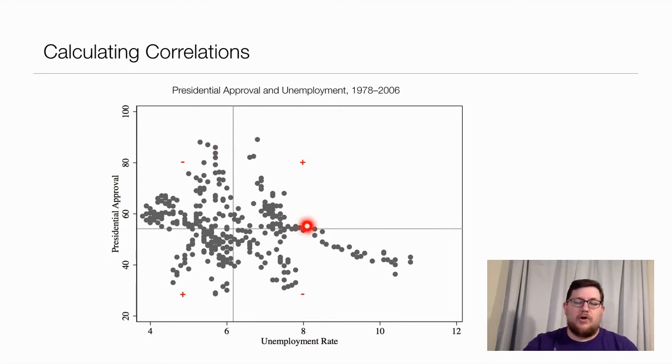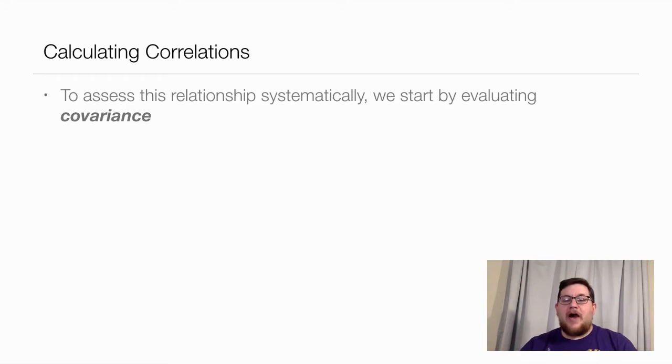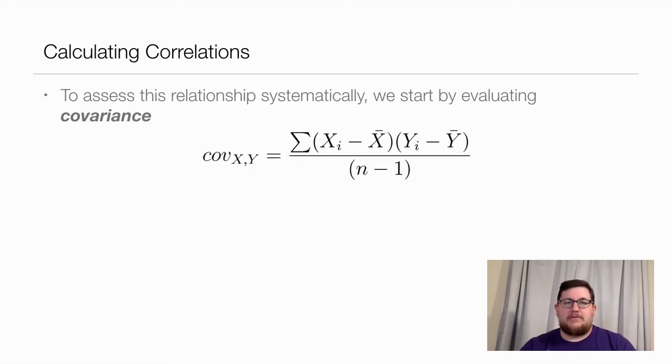If you have more here and here, you're going to get a positive correlation. Okay, so I'm not going to give you time to sit there and count all these dots. You theoretically could if you want, but there are slightly more dots in the negatives. And as I said last time, a properly fit line would probably look something like that. Okay, so evaluating covariance. There is your equation for covariance. Okay, so take a look at it.